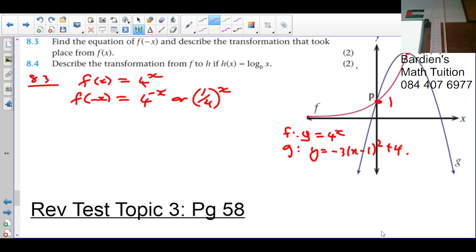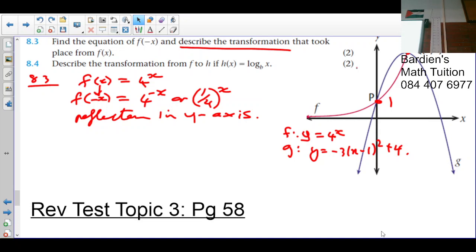So the question is, describe the transformation. How does it go from x to negative x? What happens? So reflection in the y-axis. You guys understand?